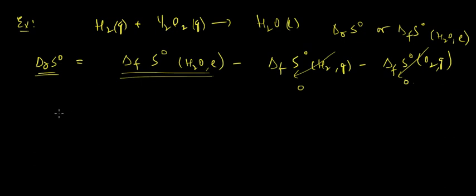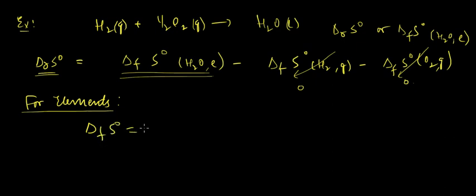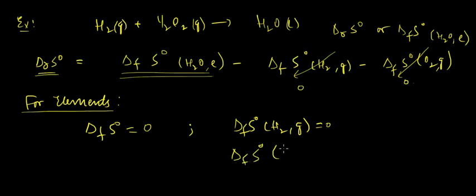So similarly as we saw in case of ΔfH for elements and for substances that are found naturally occurring in nature, we can write ΔfS° as 0 for these types of elements. Hence ΔfS° for H2(g) was 0 in the previous case, and similarly ΔfS° for O2(g) was also 0.